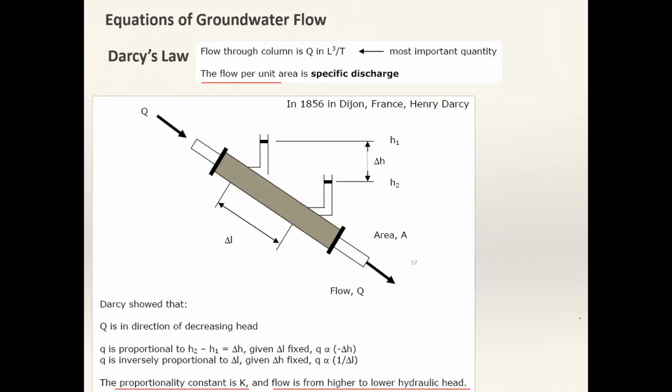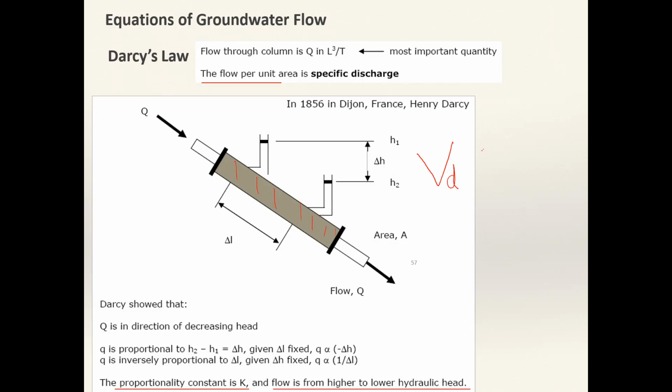Right. Now, we start the groundwater flow equation. The most famous equation is the Darcy equation, right? Henry Darcy developed this equation in 1856. So what does it say? The velocity through the porous medium, if you have a soil column like this, we call the Darcy velocity.